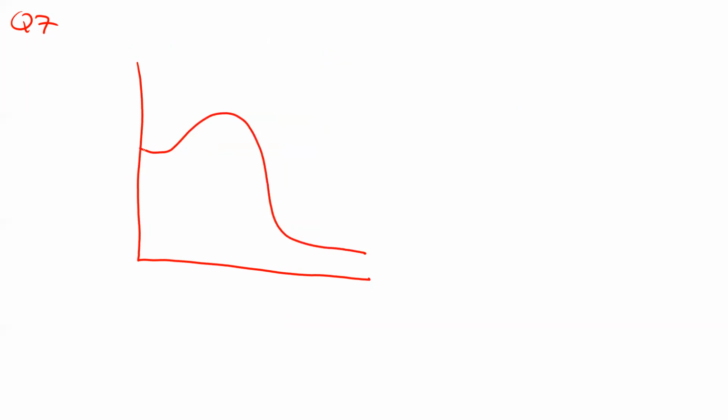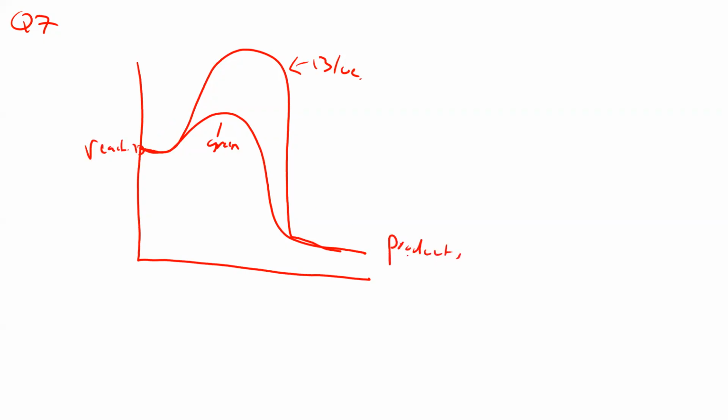Right, so let's go to question 7. So something like this. This one's green. This one's blue. So we have the reactants. We have the products. So that should be pretty easy to figure out.